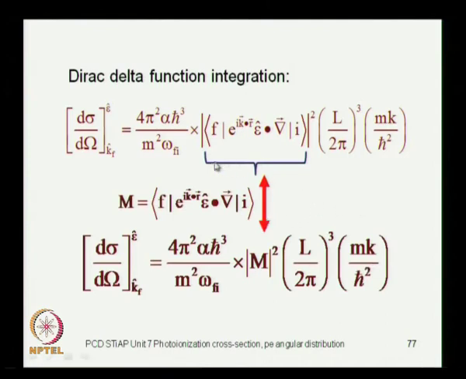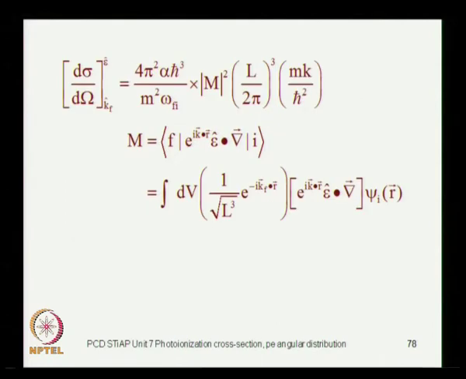Now, we are going to have to take some specific interest in this matrix element. This is the matrix element of this operator between the states I and F, which I have written as M. You have the square of the modulus of M, which I have written here. We will discuss the implications of this matrix element, which is the transition matrix element for the transition from the initial state to the final state.